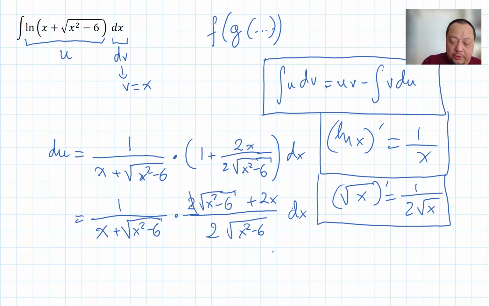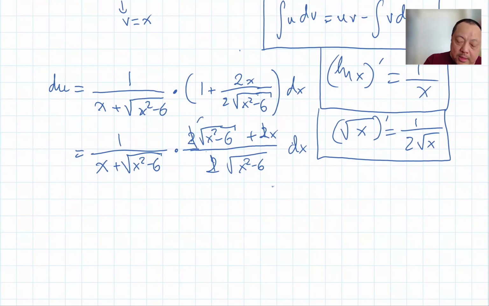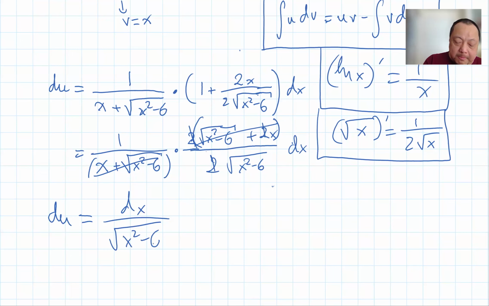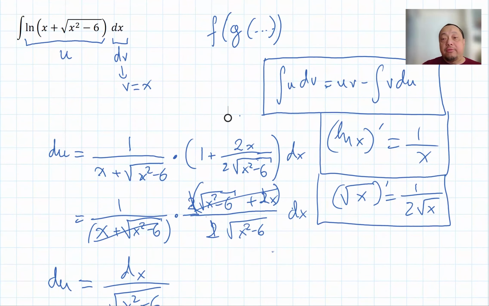Okay, the 2 cancels. Oh, I guess I could have canceled it back here. And now I have this quantity and this quantity that are the same, so now I can cancel them. So altogether, du is equal to dx over square root of x squared minus 6. Cool. Now I have everything.